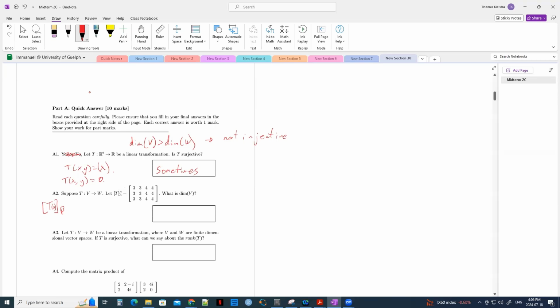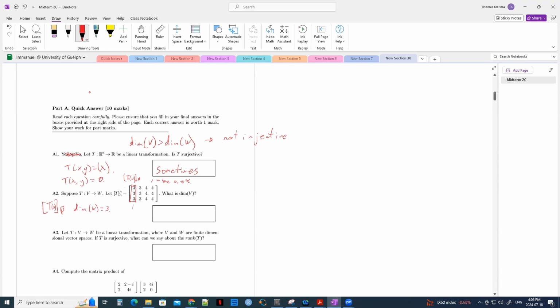So if we look in each of our columns, that's going to be T(V1) beta, where V1 is in alpha. And because it has 3 entries, that tells us that the dimension of W equals 3.